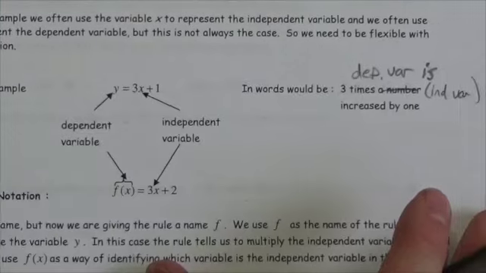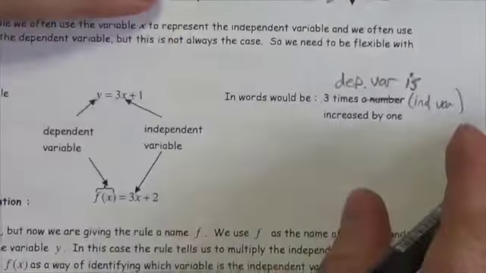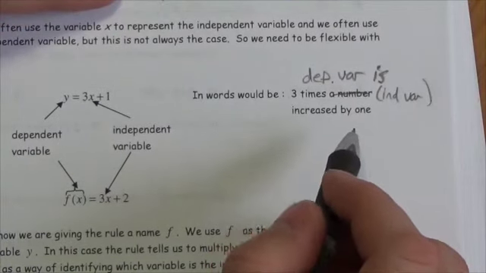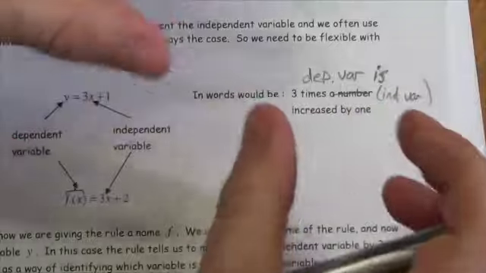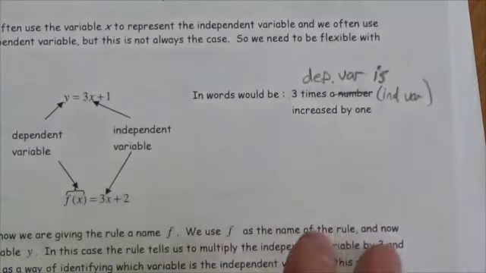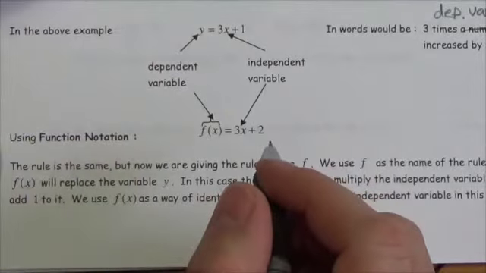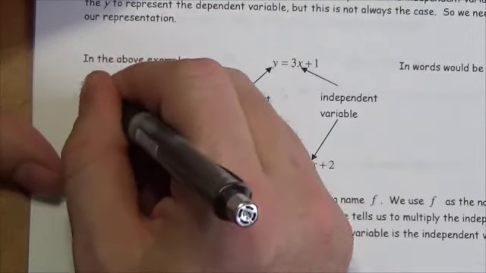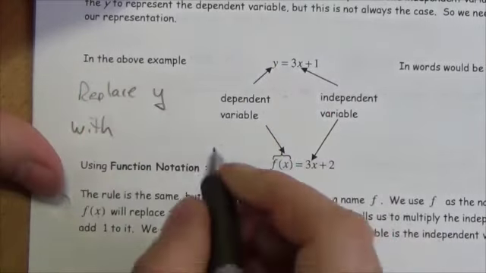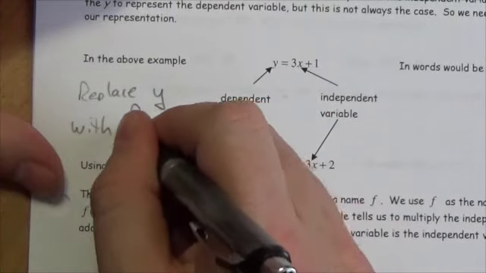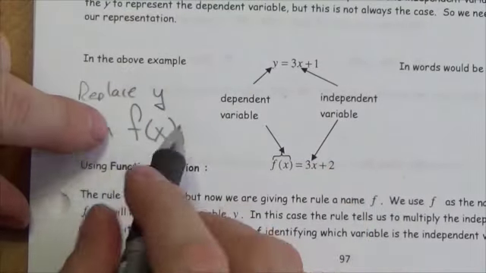Now, because we could have multiple functions on here, what I want to do here is create a notation that I can use to pick this one out in particular. So I'm going to introduce this idea of function notation. And so what we're going to do here is we're going to replace y with this little bit of notation right here, the f, and then in parentheses right behind it, we're going to have the x.